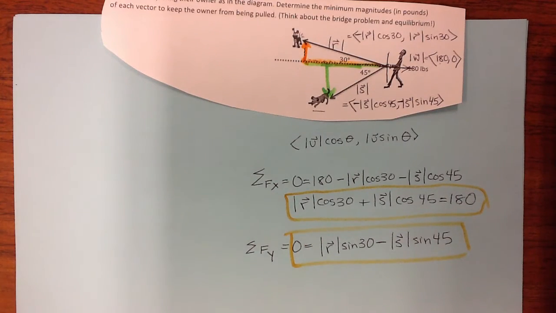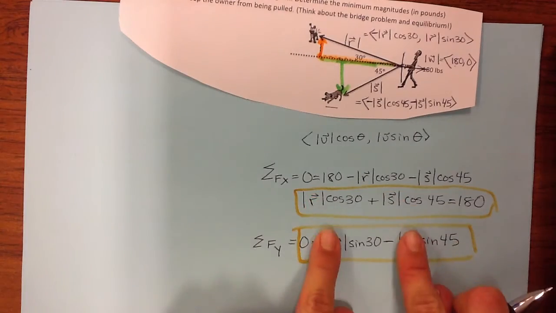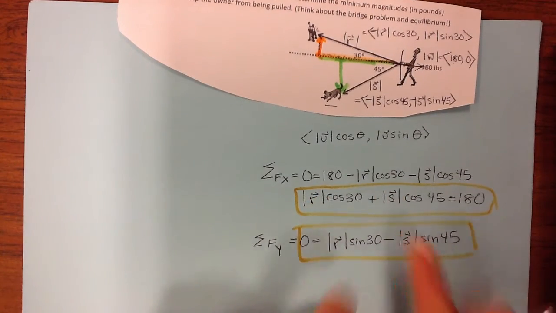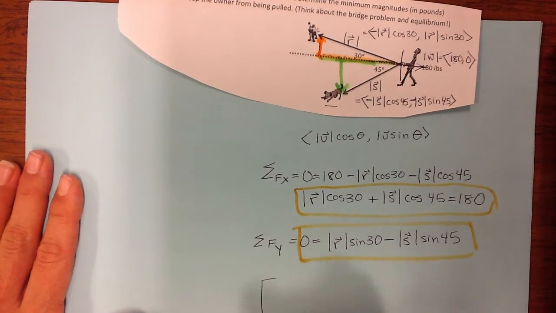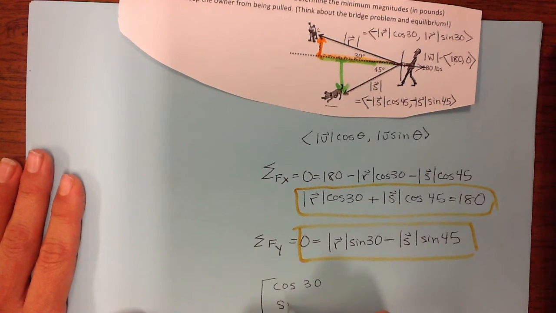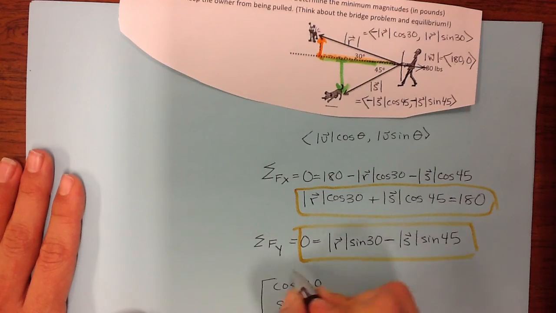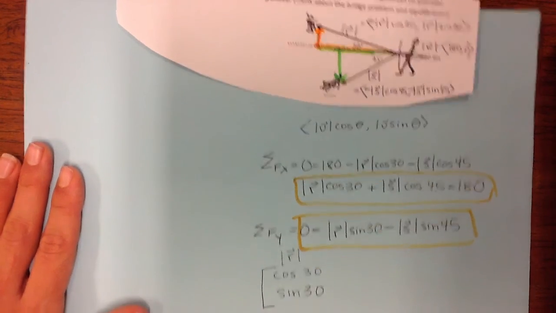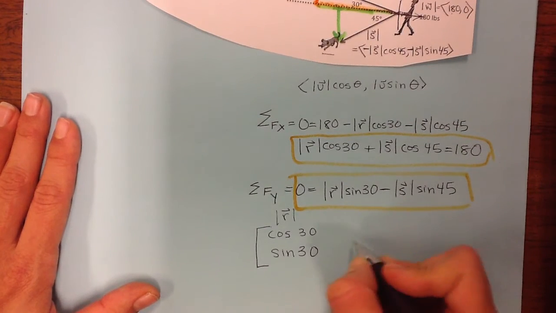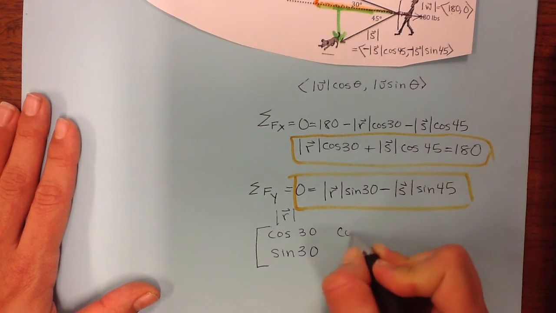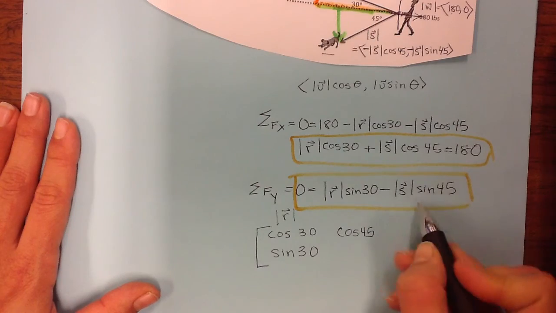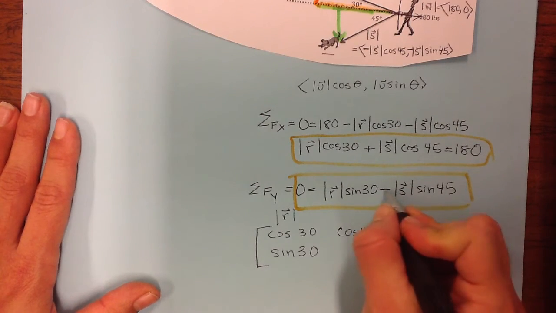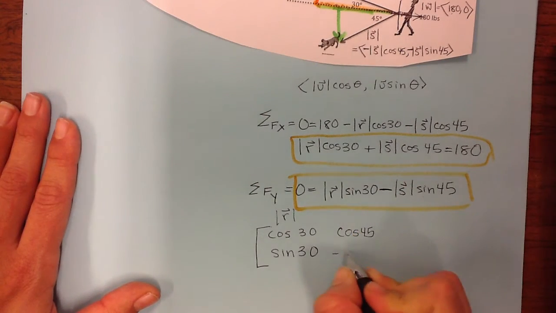for a matrix. In an augmented matrix, I leave out the variables. So I'm going to have cosine 30, sine 30. Remember, this pertains to magnitude of R. And then I use cosine of 45, negative sine of 45. Do not forget we have a negative there.